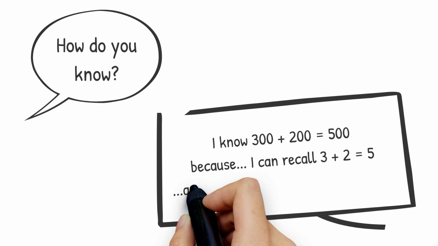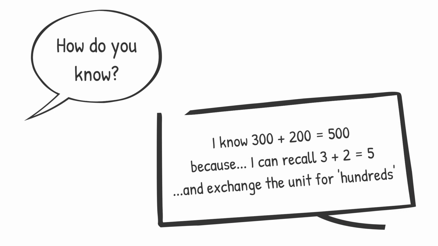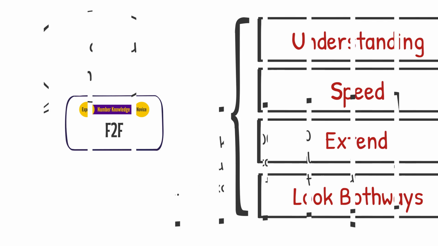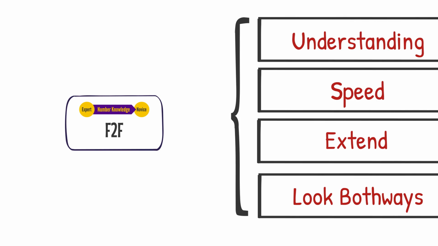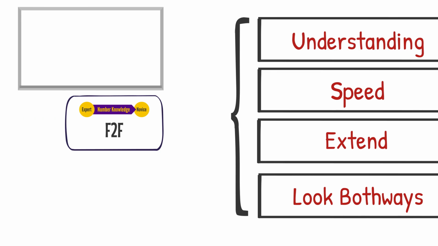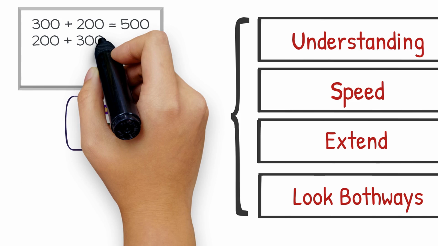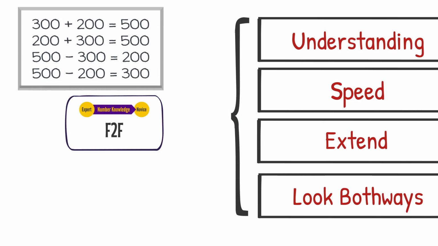Check that understanding. Once you've got the accuracy and the understanding, then really the next thing is to demand a little bit more speed of response from learners. And once that's there, beginning to extend to ask, well, what else do we know? What else can we read? What else can we write down?